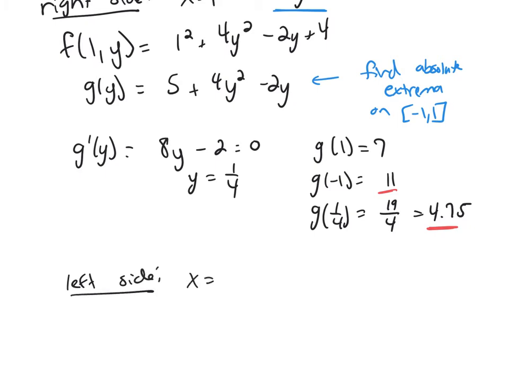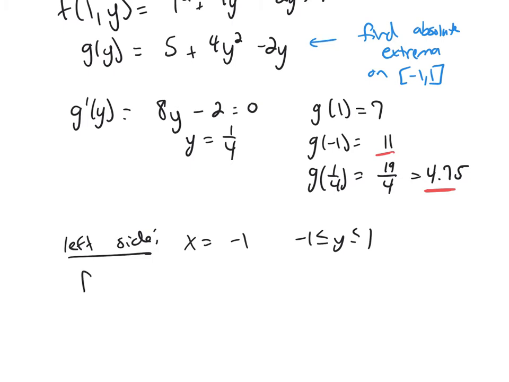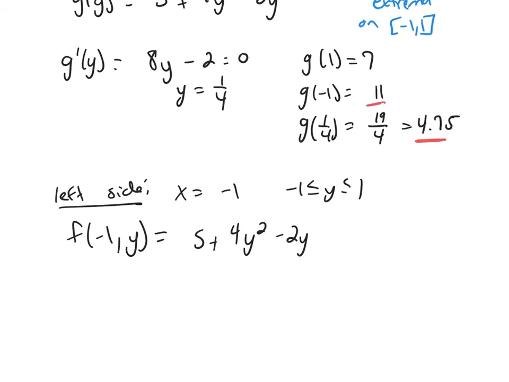So the left side, x is -1, y is between -1 and 1. So you're going to plug into your function f -1 for x. And if you see here, you have the same function that you had earlier. So we already know the critical numbers. We found them earlier.